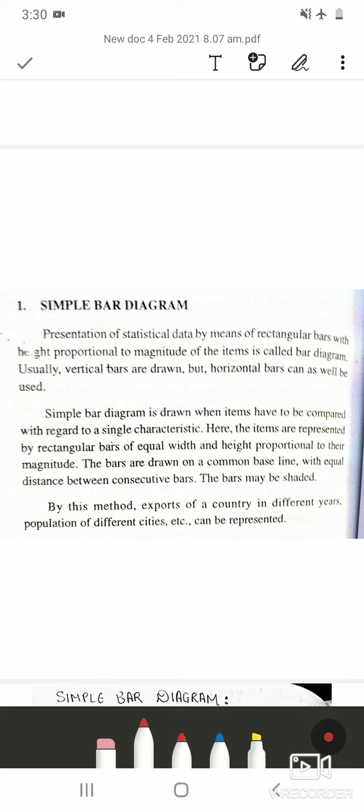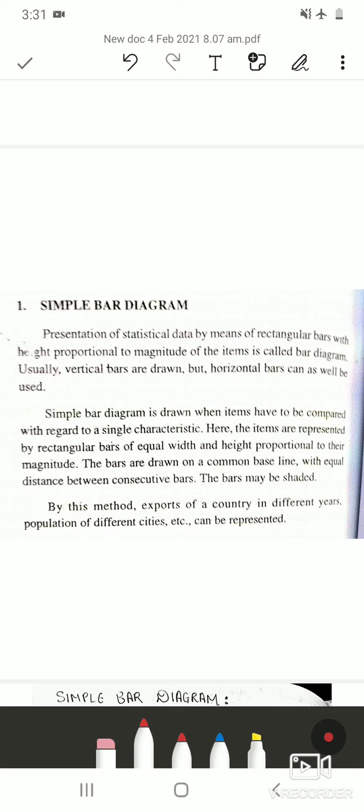Simple bar diagram is drawn when the items have to be compared with regard to a single characteristic. So this is important: whenever we have to compare a single characteristic, then we have to use a simple bar diagram. Here the items are represented by rectangular bars of equal width and height proportional to their magnitude.